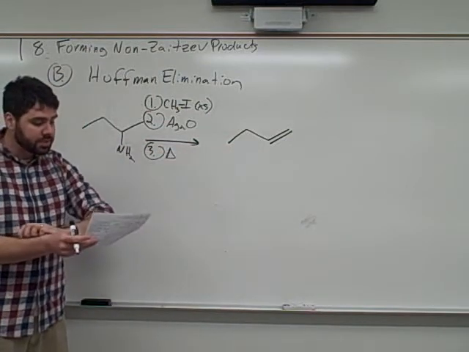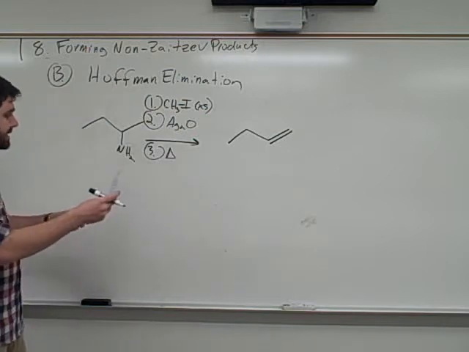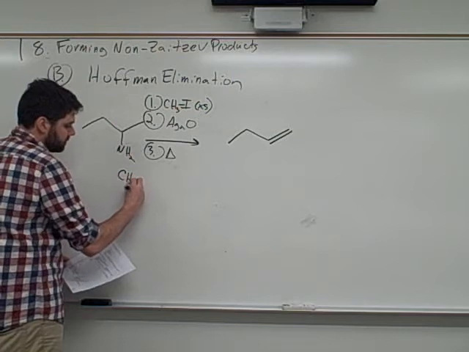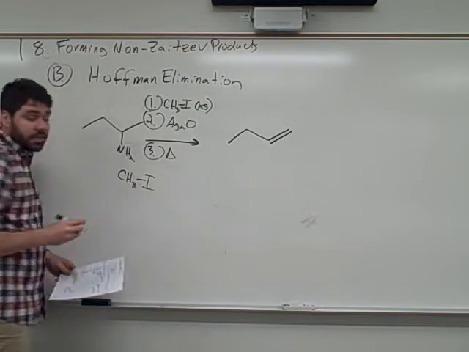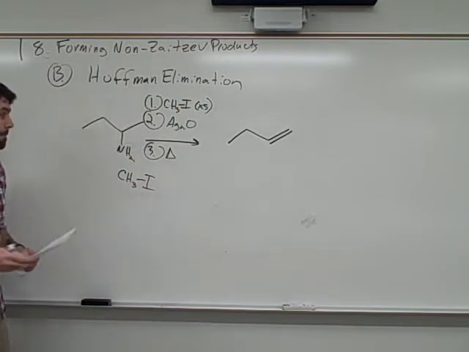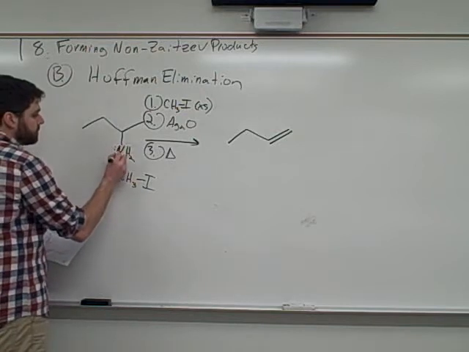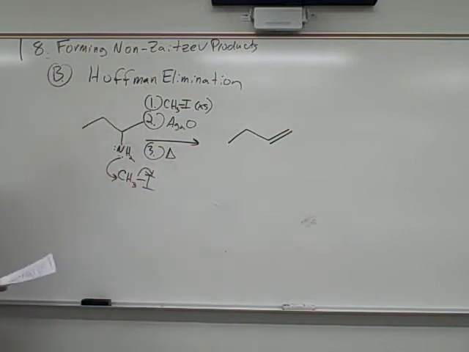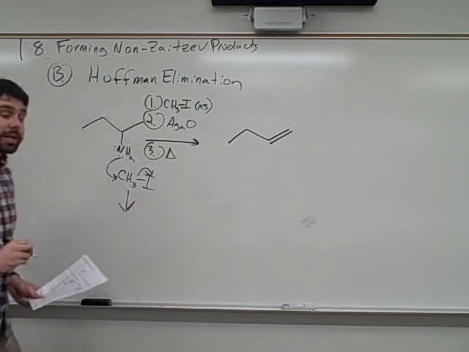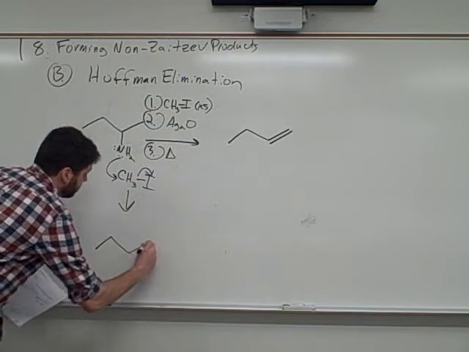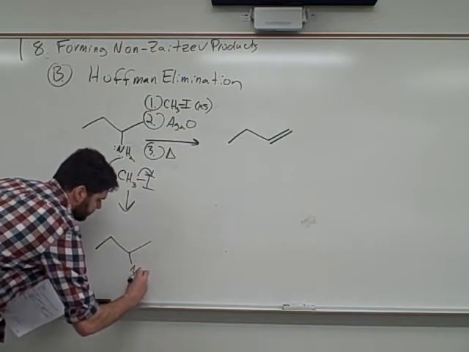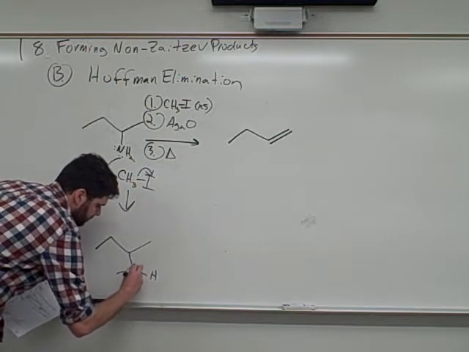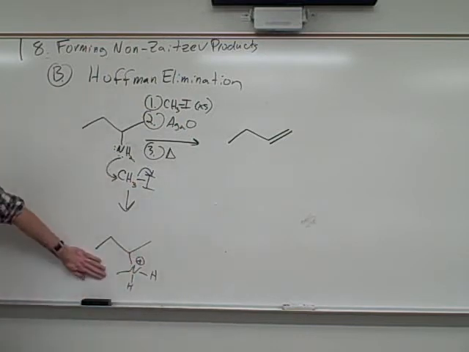And so the way in which this is going to work is that you're going to have iodomethane come in, and you're essentially going to do an SN2 reaction on this guy. So nitrogen will do backside attack on methyl iodide, creating your alkylated amine. We'll have a positive charge.